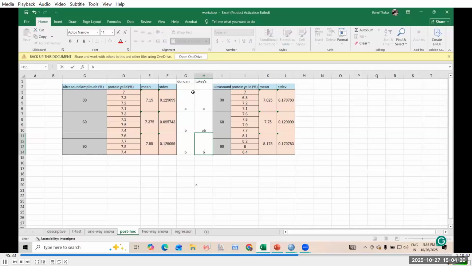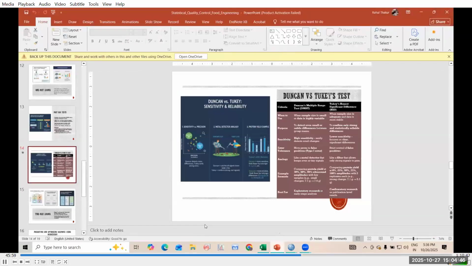But in the Duncan test, both 60% and 90% amplitude gave significantly different protein yield as compared to 30%. So here we can see that Tukey's test is more reliable for the comparison between the significance levels. Okay, we'll go for the next slide.